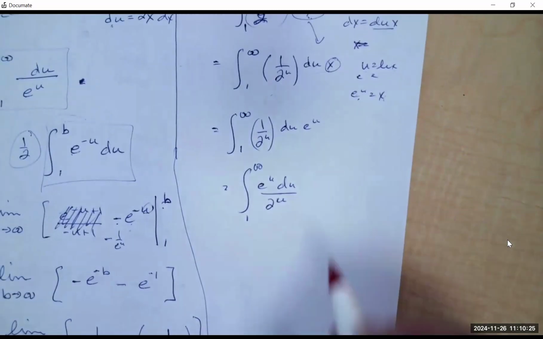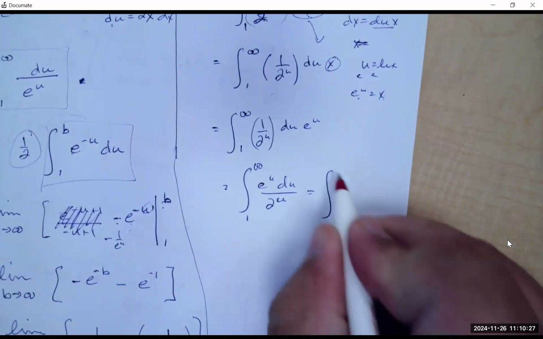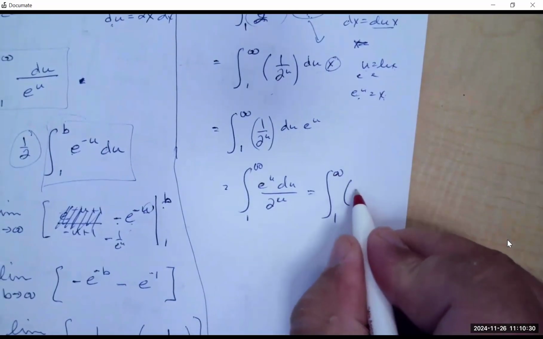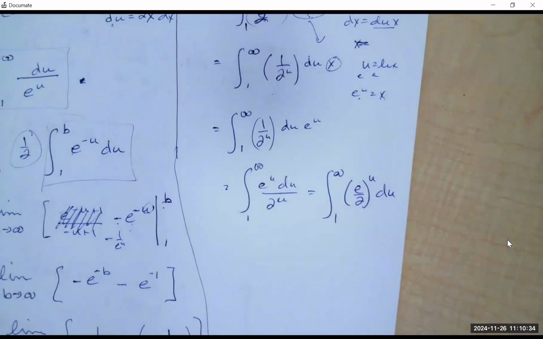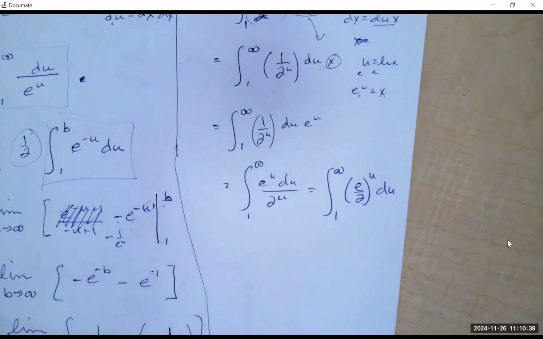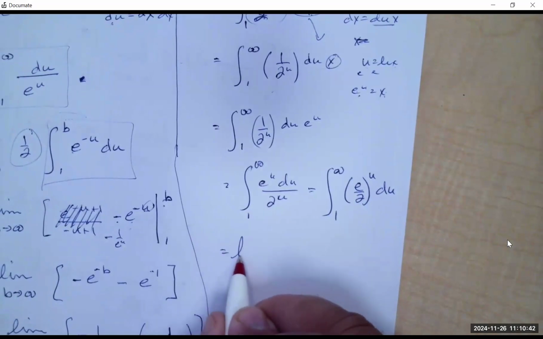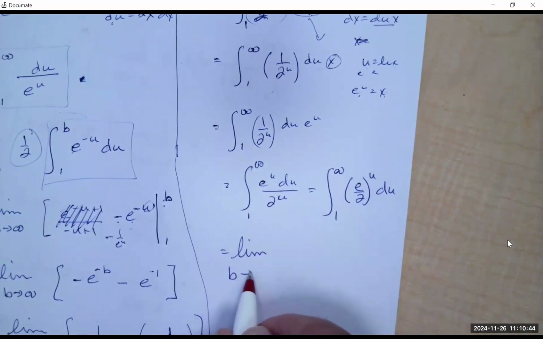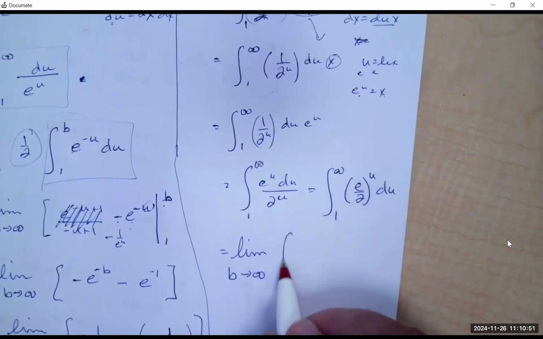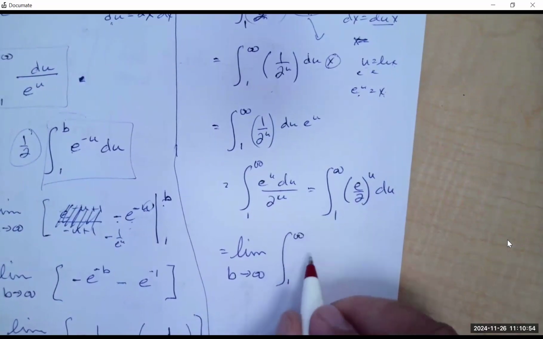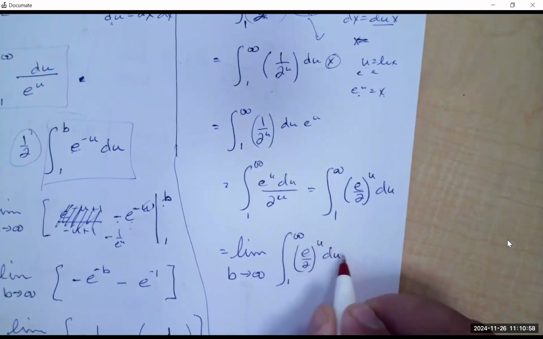All right. So now my equation can look like e over 2 to the power u du. Now I have a rational expression. Take the limit as b goes to infinity of the integral from 1 to b of (e over 2)^u du.